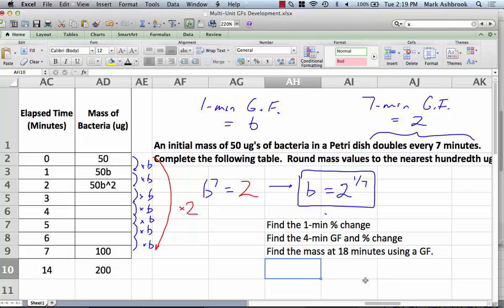Multiply growth factors together. Remember, growth factors will multiply our output to get another output. We'll give you the output at 6 minutes. Multiply by the 4-minute growth factor, we'll give you the output.